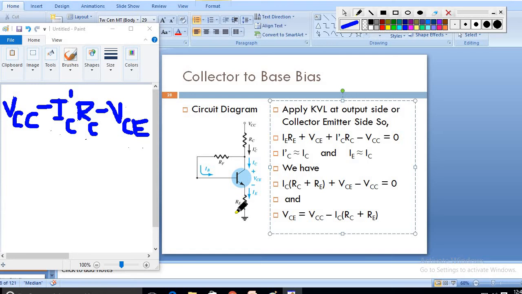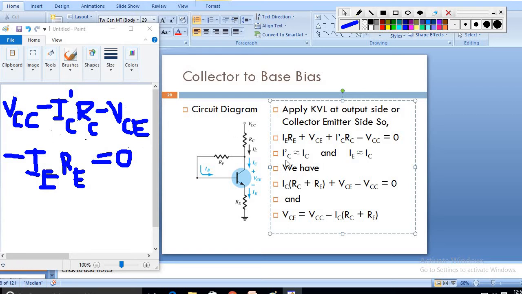This is a positive polarity and this is negative polarity. Always you have to think that there is a positive here and a negative here, so minus IE RE is equal to 0.